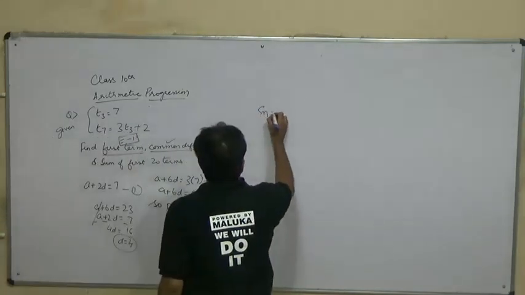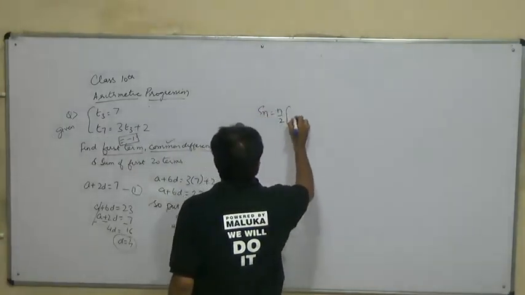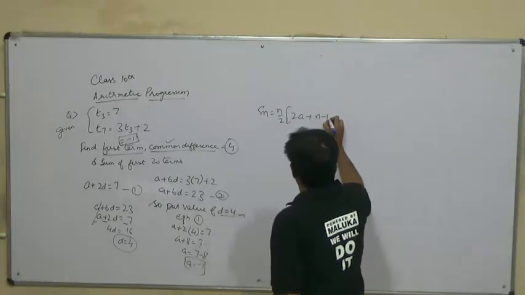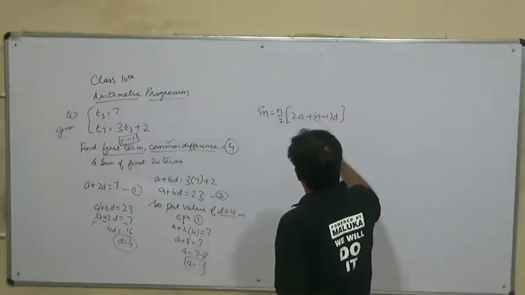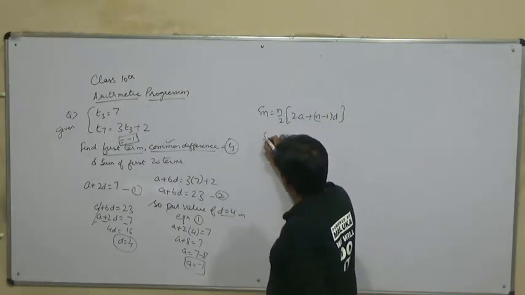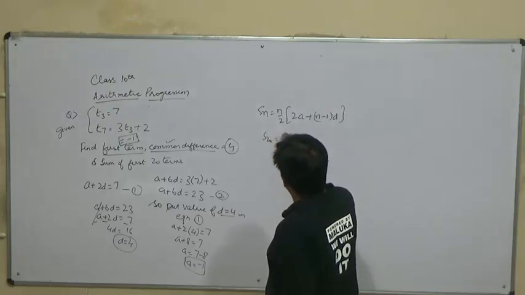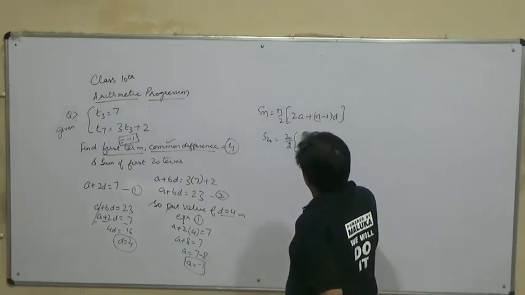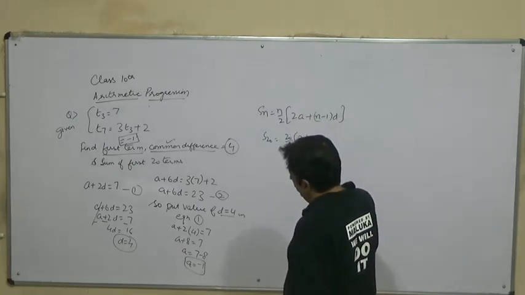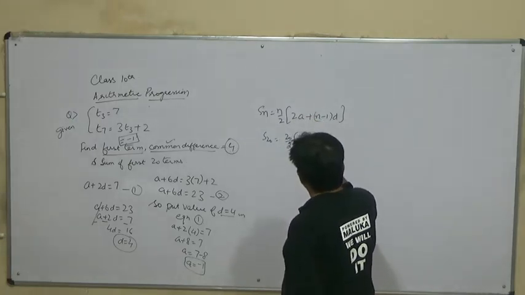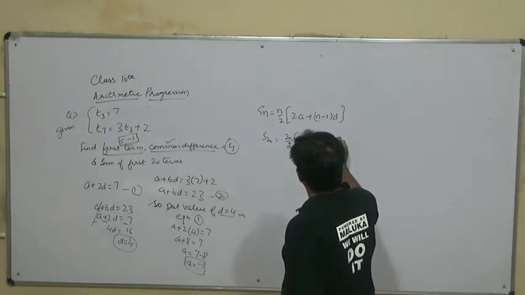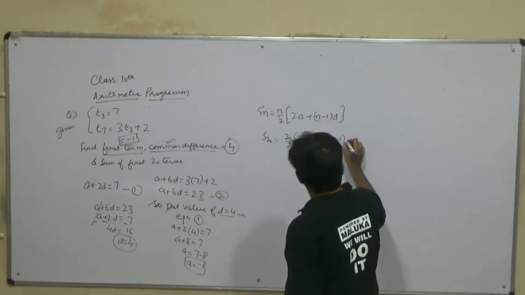For that we write Sn equals n by 2 into 2A plus n minus 1 into D. So S20, for n we write 20, 20 upon 2. Put the value of A and D: 2 into minus 1, then n minus 1, that is 20 minus 1, and D is 4.